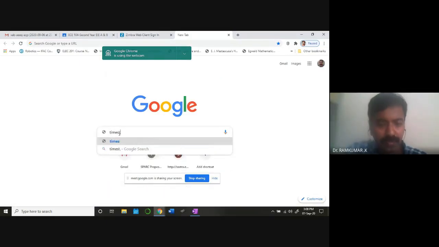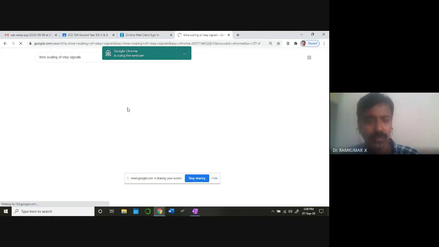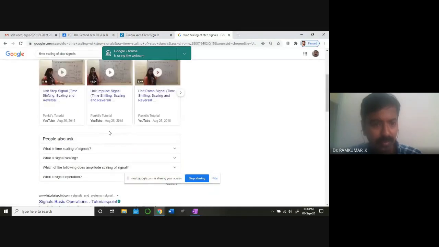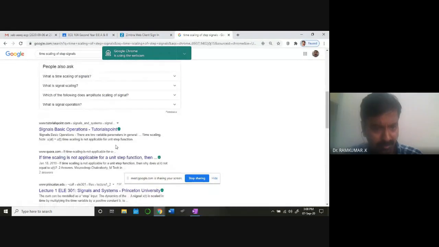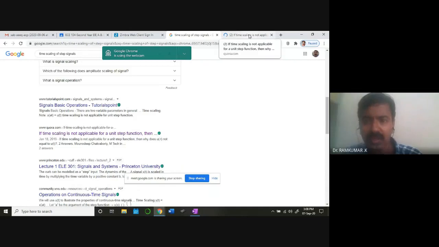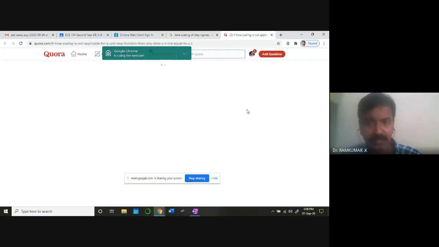Time scaling of step signal. Here it is. They are saying time scaling is not applicable.